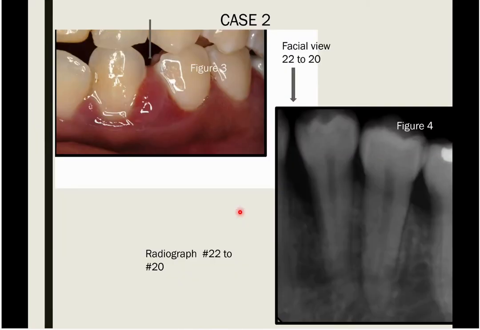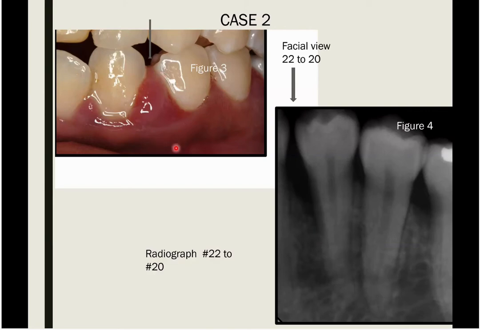Then I'm just going to go through some clinical cases to get your juices flowing here. This is a swelling located between T22 and 20. And when you look at the associated radiograph, I think you can appreciate there's a bony defect in the same area, but the patient presented with the swelling.